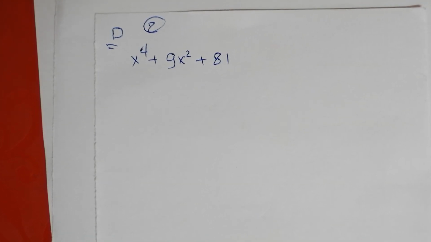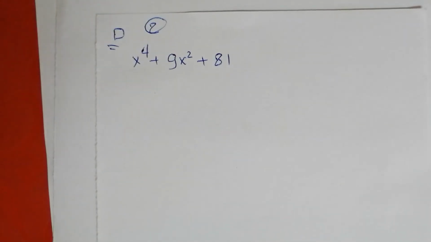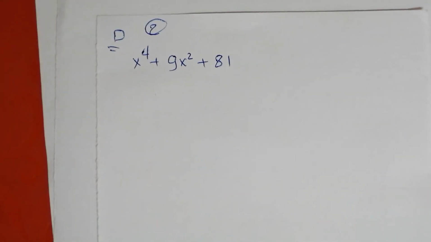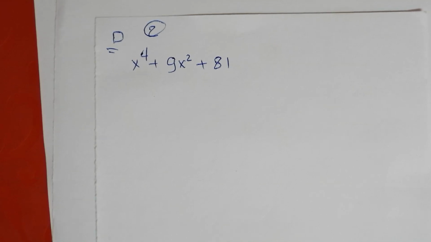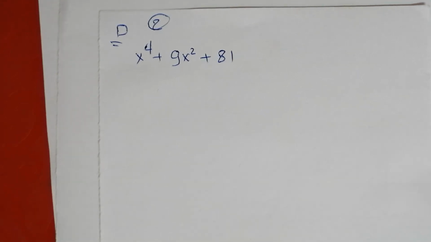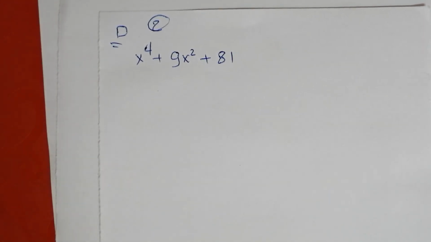Yes, I don't think so. Why? Because for 81 we don't have any two numbers multiplied to give 81 whose sum is 9. Do we have 9 by 9? No. 1 by 81? No. 3 by 27? No. We don't have two numbers whose product is 81 and whose sum is 9. We don't have those two factors. What can we do?